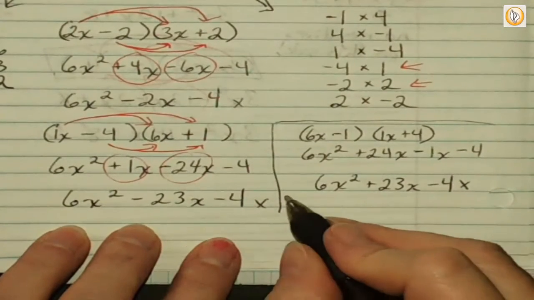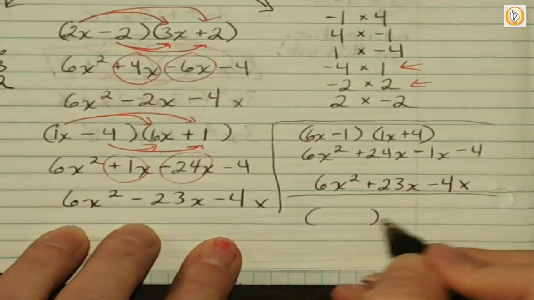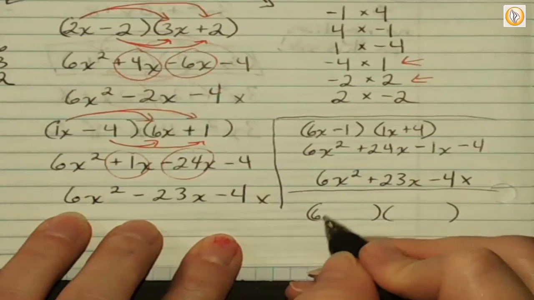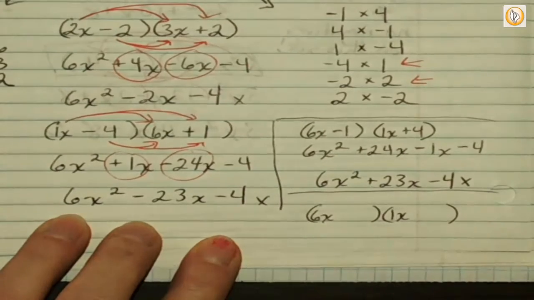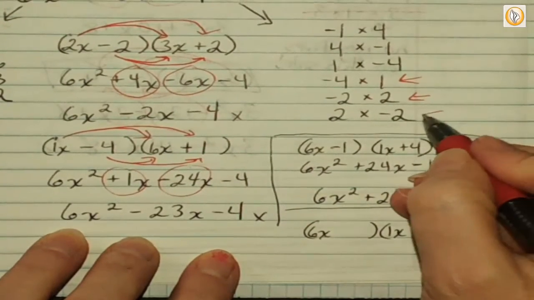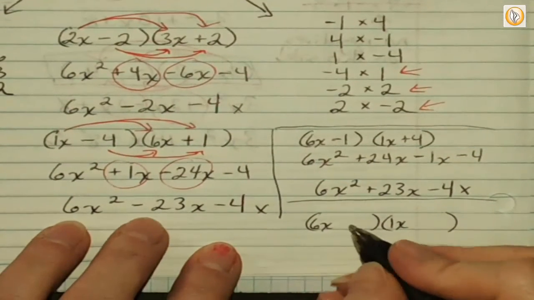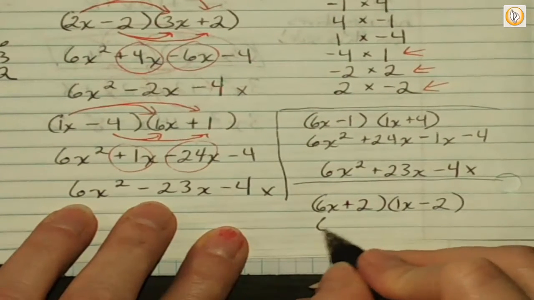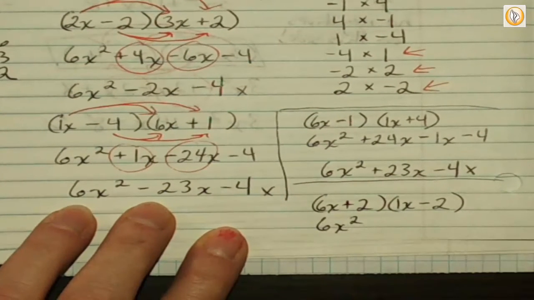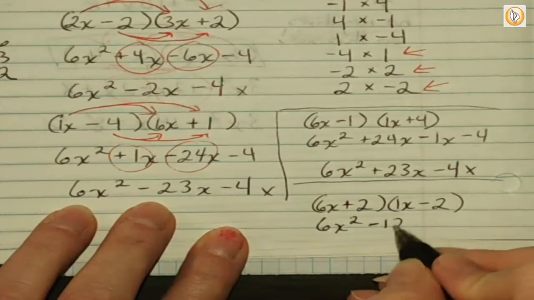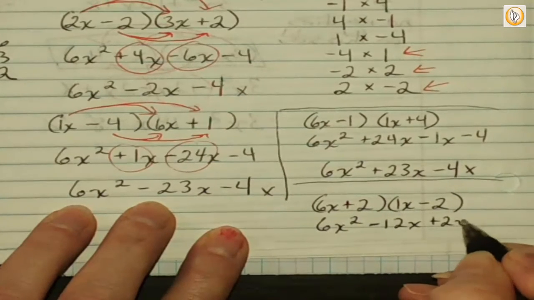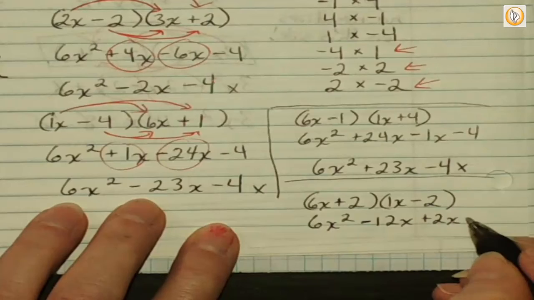So then keep the 6 and 1 and try positive 2 in the first one and negative 2 in the second. Okay, so he wants to try 6x and 1x, positive 2 and negative 2. That gives me 6x squared minus 12x plus 2x minus 4.